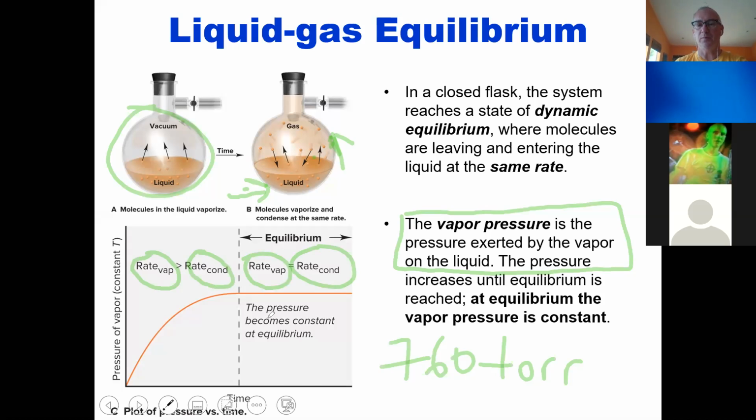It will change when we change the temperature. When the temperature goes up, our rate of vaporization goes up and our rate of condensation goes down. And so we are making more and more gas and eliminating more and more liquid, okay?